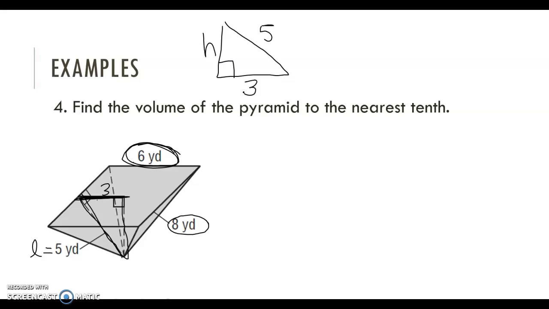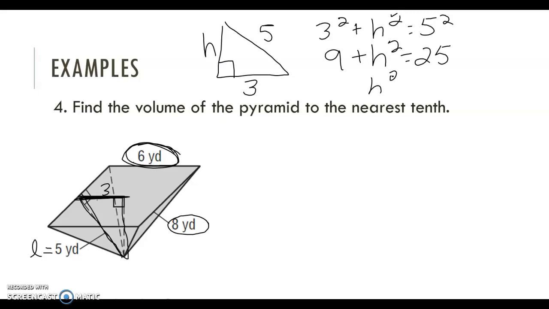Okay, now we'll go through the Pythagorean theorem. 3 squared plus h squared equals 5 squared. 9 plus h squared equals 25. h squared equals 16. And the actual height is 4. So this is a 3, 4, 5, a common Pythagorean triple. And I know that the actual height of my pyramid then is 4.